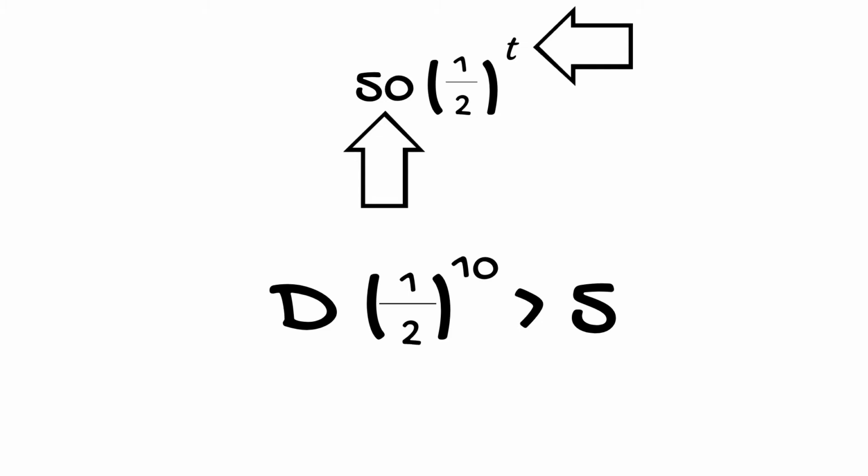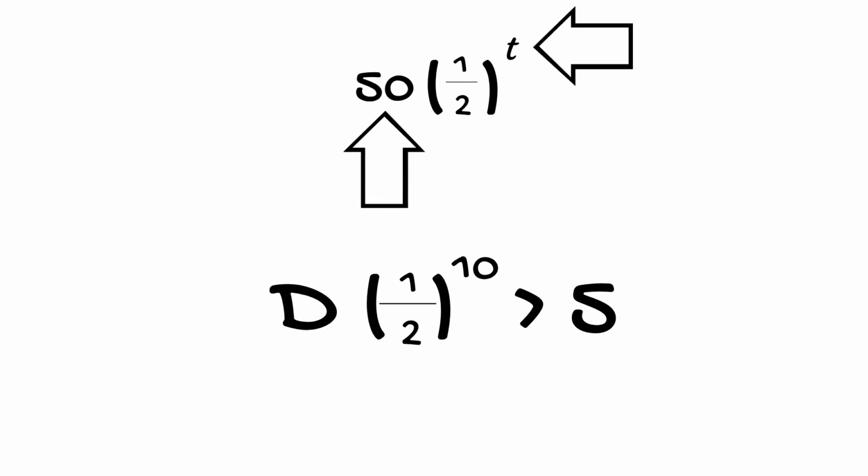To solve that equation means we'd want to understand our exponents. Essentially, that's really the dose times 2 to the power of -10. So I would multiply the 5 by 2 to the power of 10. My dose would have to be greater than 5 times 2 to the power of 10. Now, we have to be cautious. Maybe that dose is too large.